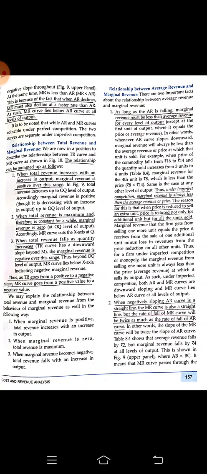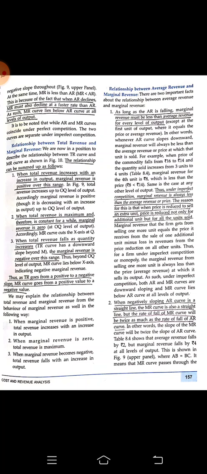Point number 3, when total revenue falls as quantity increases, the marginal revenue is negative over this range. Thus, as TR goes from a positive to a negative slope, MR curve goes from a positive value to a negative value.